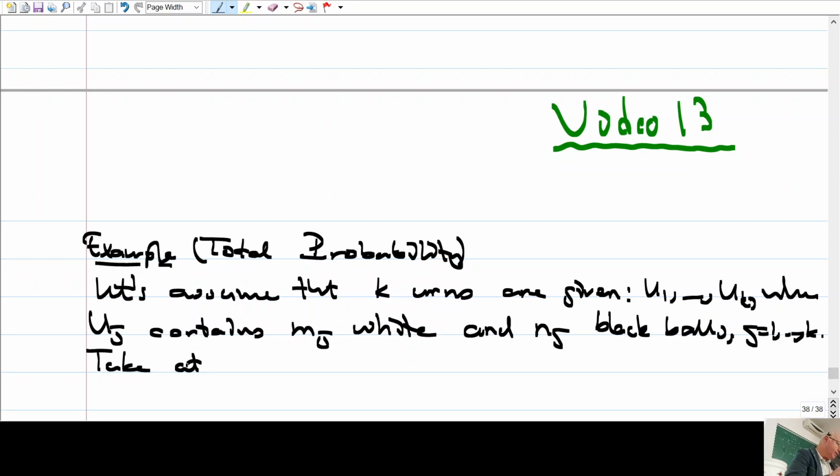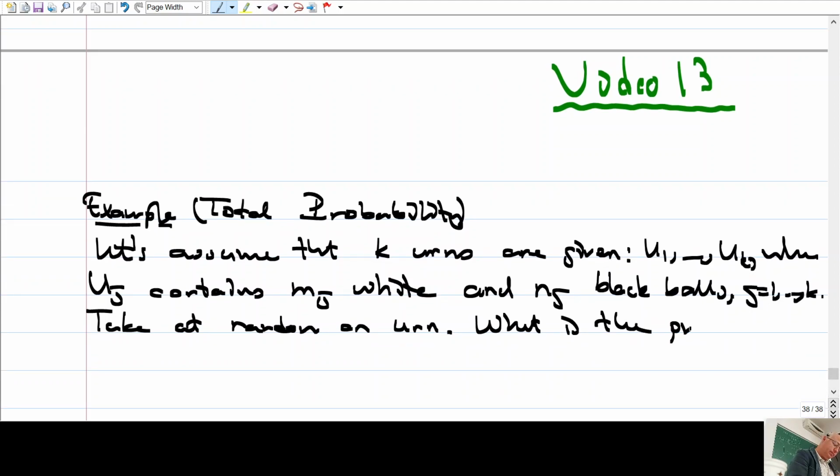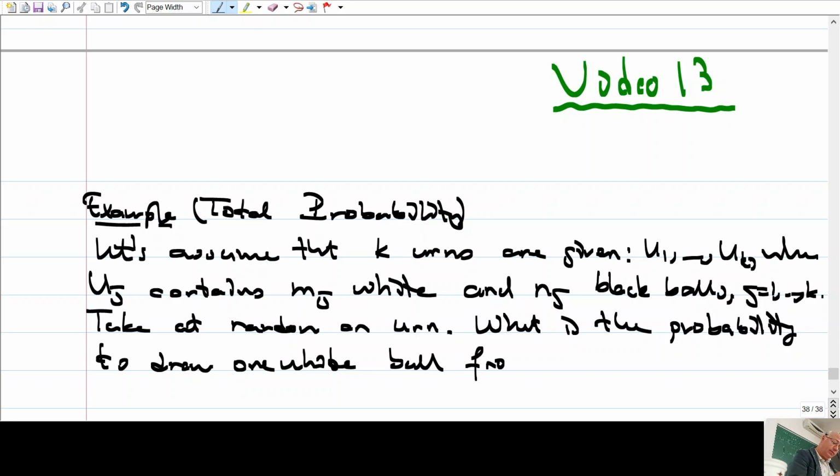Take at random an urn, and we ask the following: what is the probability to draw a white ball, one white ball from that urn?